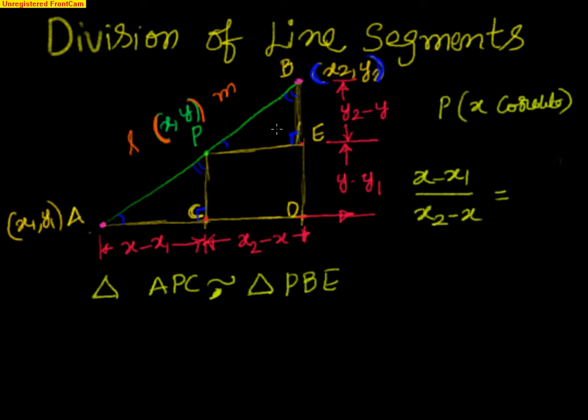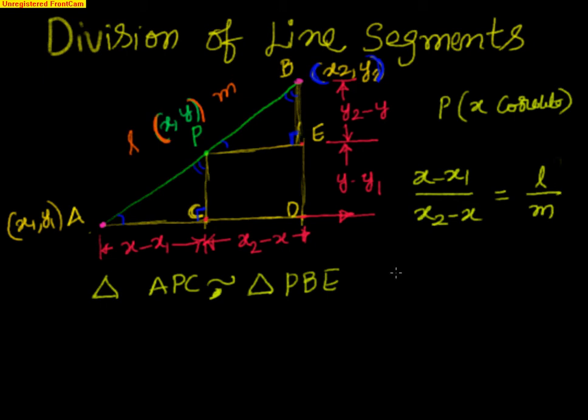But we know when we have proved these two triangles are similar, that these two are in the ratio of L is to M. Automatically x minus x1 and also x2 minus x should be in the ratio of L is to M, because that's what the law of proportionality says.